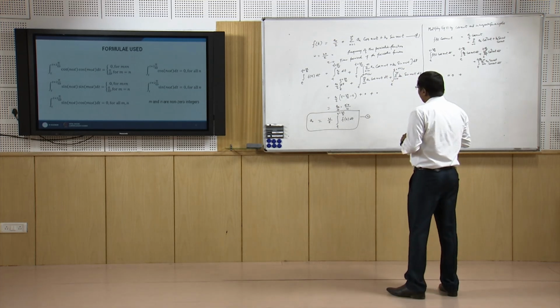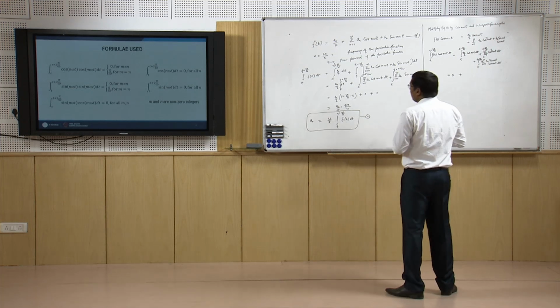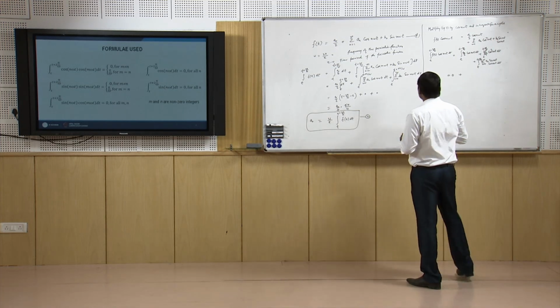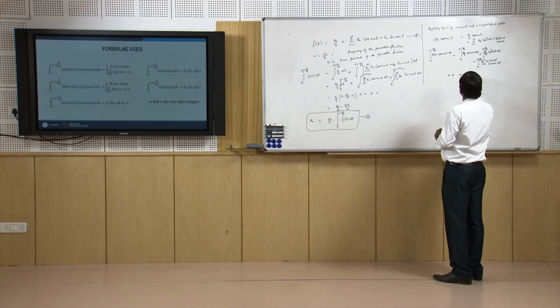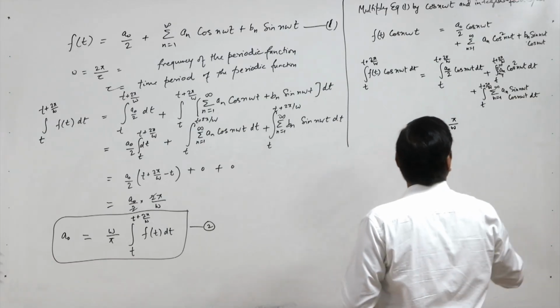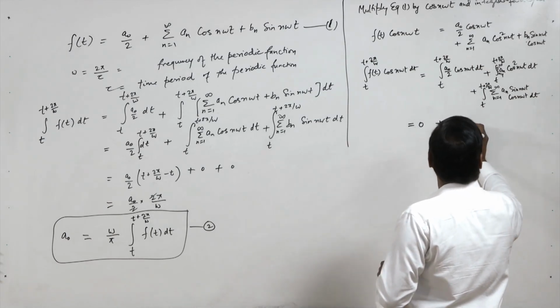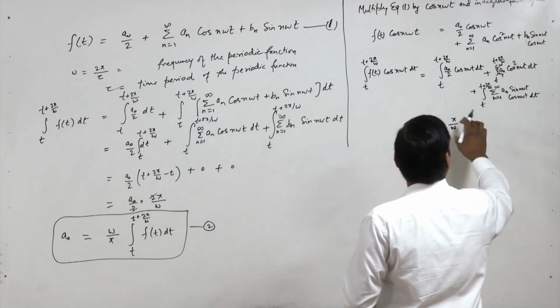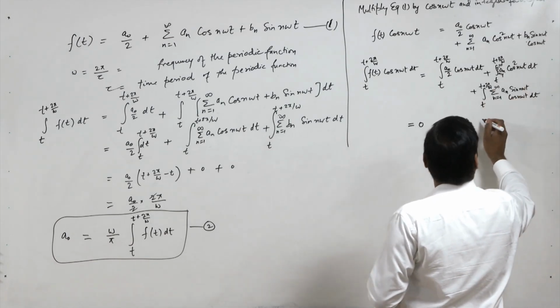So we will have this integral equal to pi by omega, and the constant an remains.